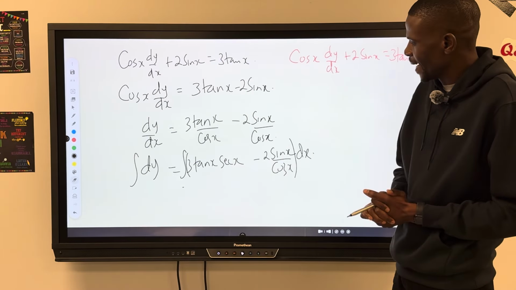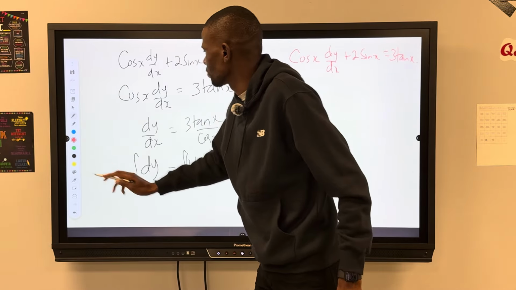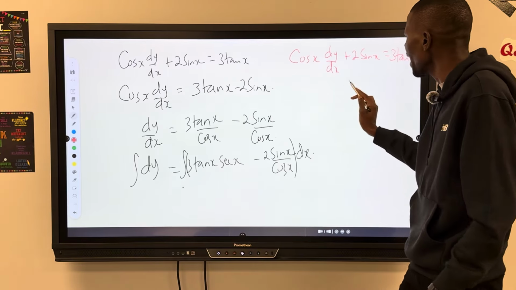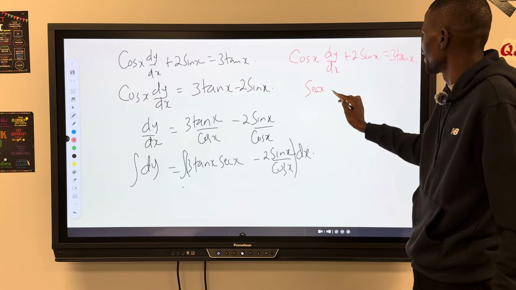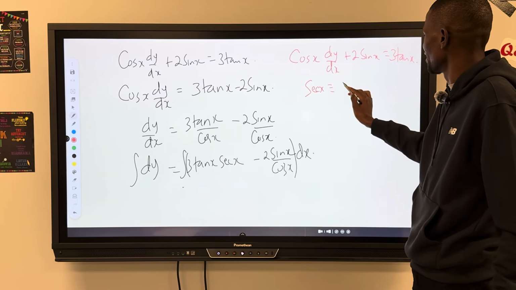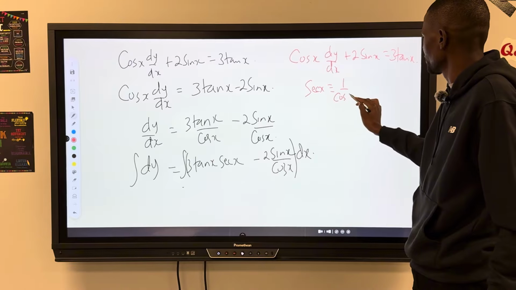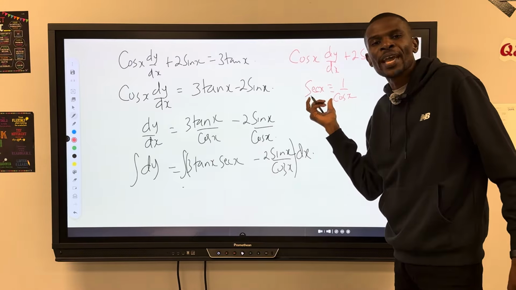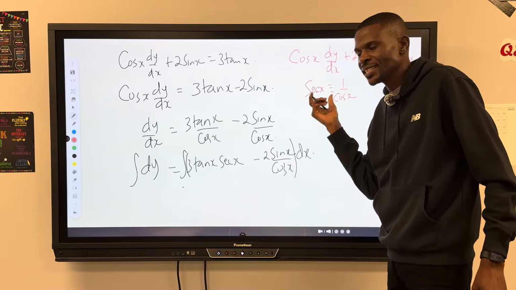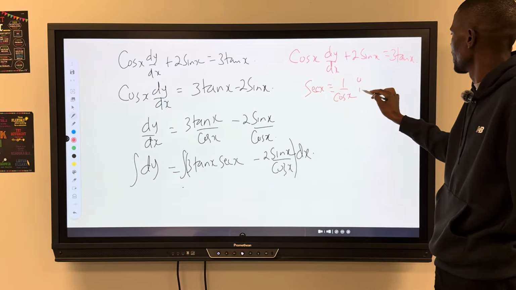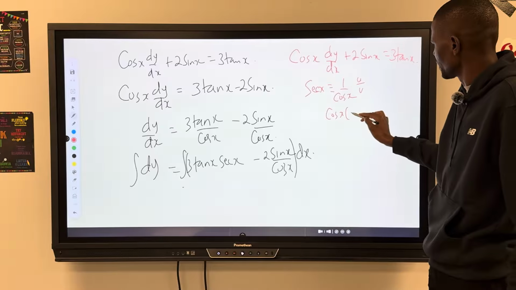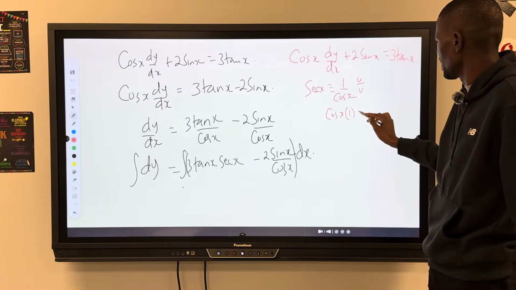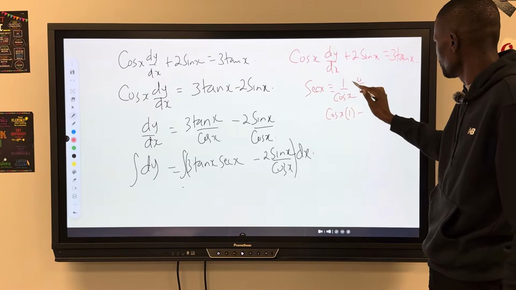So now, guys, there's one thing I need to bring to your attention. If I have secant x here, which is equal to 1 over cos x, and we are to differentiate this, remember, I'm going to use the quotient rule. So it's v du minus u dv, all over v squared.